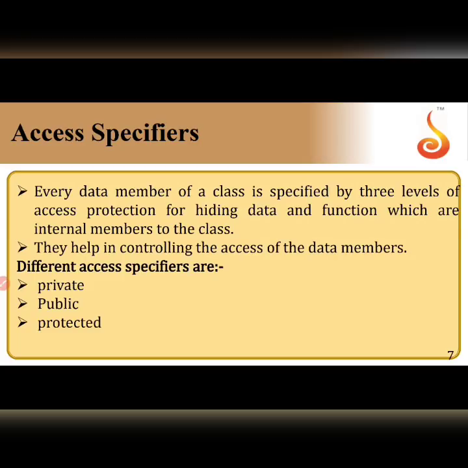In the hospital example, the doctors or the nurses will have access to the patient, to the ICU unit as well as the lobby. But whoever is coming from outside will have restricted access. Same way we can set the access so that your data will be secure.